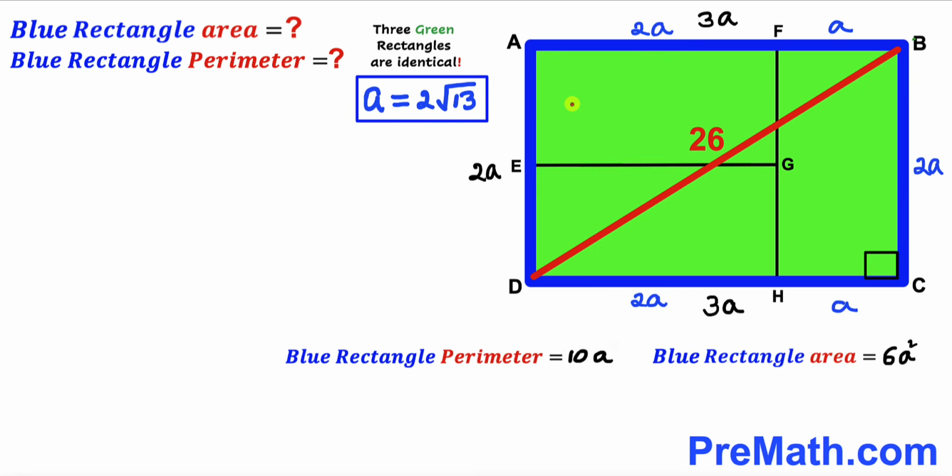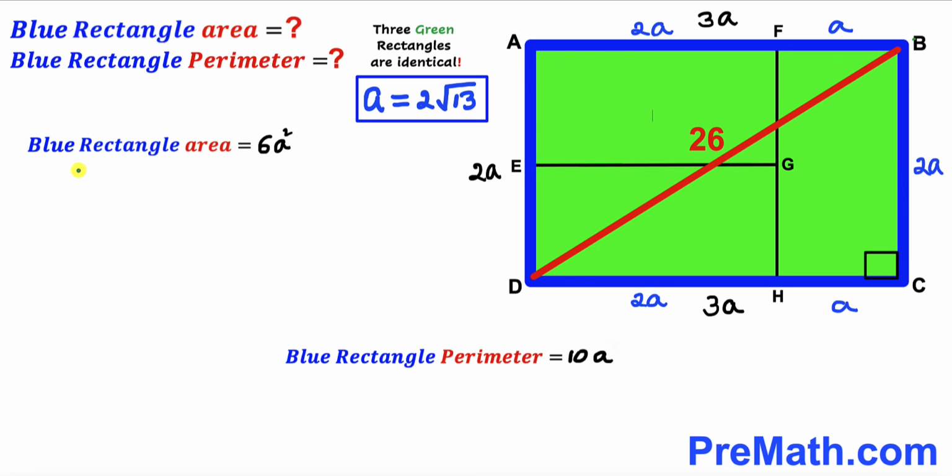And now we are going to calculate the area of this blue rectangle ABCD. Let's recall the blue rectangle area is equal to 6 times a square. Let's fill in the blanks. So 6 times our lowercase a value, which is 2 times the square root of 13, whole square.